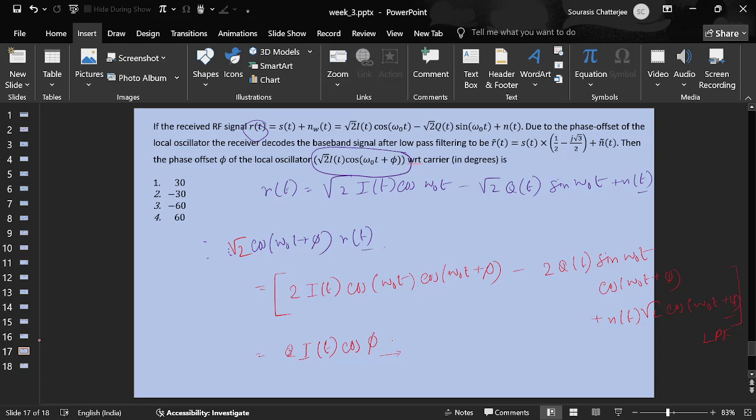Okay, this is not going to produce this one here, I forgot to include this term. So 2 sin a cos b, what is the formula here? Let me confirm that once.